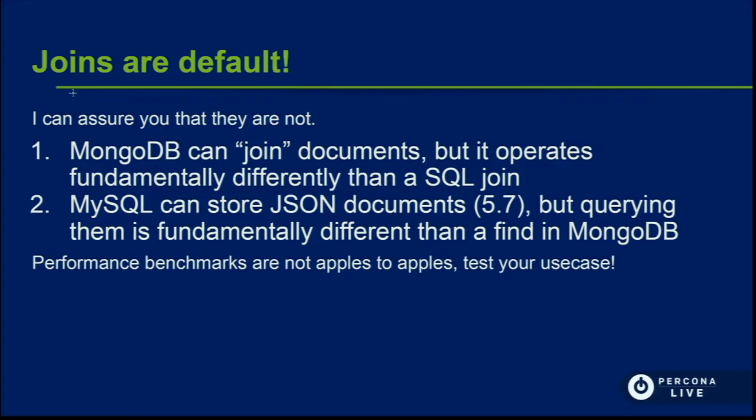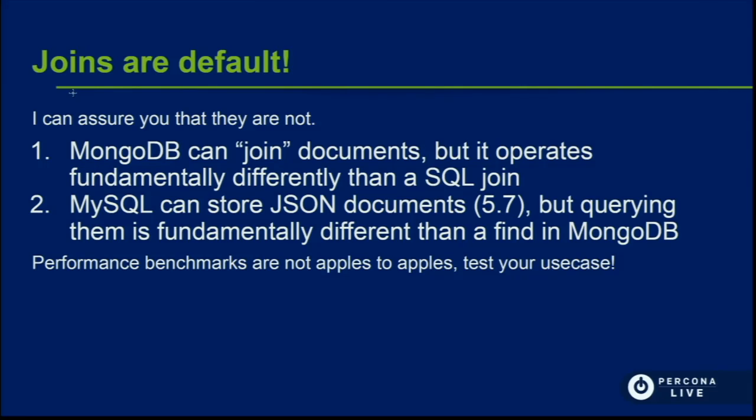Joins are default? No, they're not. Just because you can join data doesn't mean that you should. In Mongo, you can have data that's semi-relational or even relational, and if you don't mind having duplicate data, that's fine. The join performance in MongoDB is not going to be nearly as high as the join performance in MySQL, just by nature of a relational database, right?